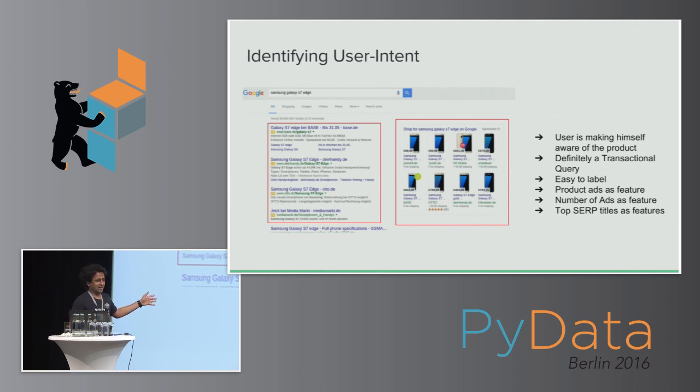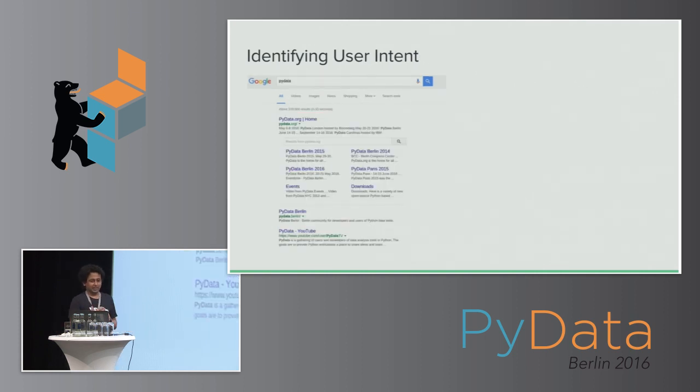It's definitely a transactional query because it's asking you for money. It's easy to label. You see these things, yeah, you can label it as transactional. Then we can use the number of ads that appear as features, the number of titles, the top titles as features. So when I say we are using top titles as features, it means it's a word-to-vec representation of the top titles.